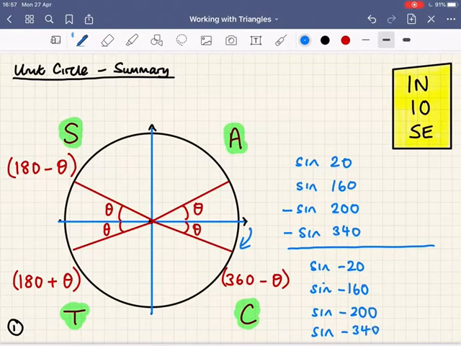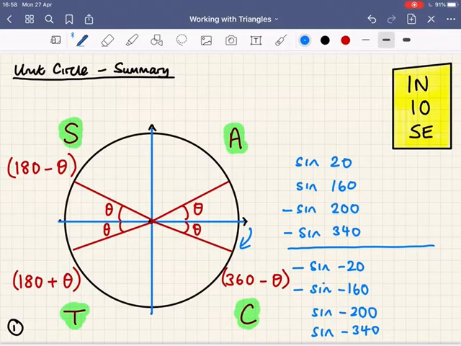Now, which ones of these would have the same value as sine 20? Well, in that fourth quadrant, sine minus 20 is going to be negative. So sine 20 would have to be equal to minus sine of minus 20. And similarly, in the second quadrant, sine of minus 160, I'd have to make that negative for it to have the same value as sine 20.